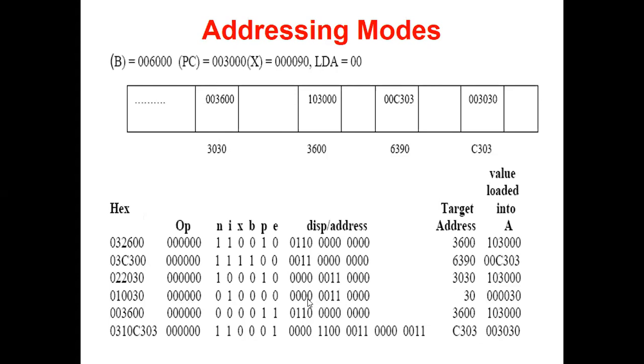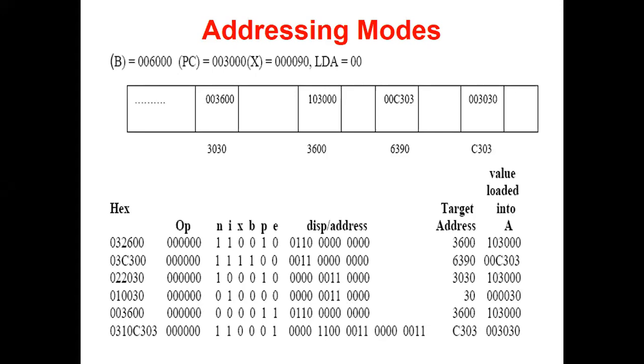So this is 0, 3, 0, which is a 3, 0, because that is the displacement. They say the displacement becomes the target address. And since here you have N 0, I 1, okay? That means that the target address becomes the required operand.